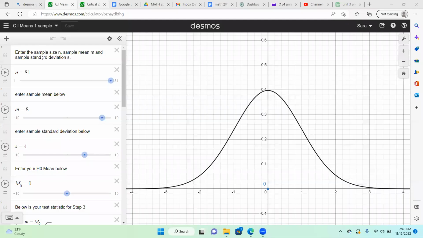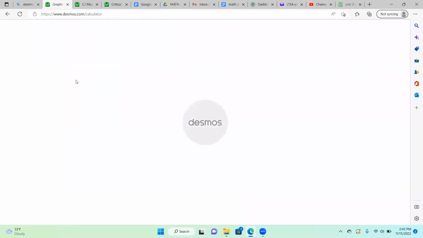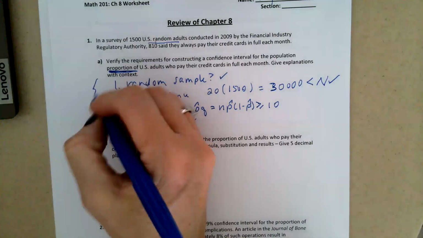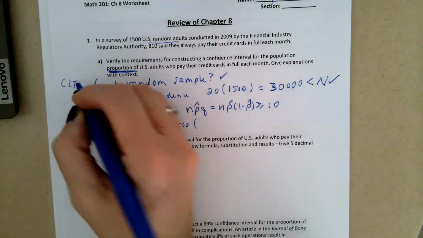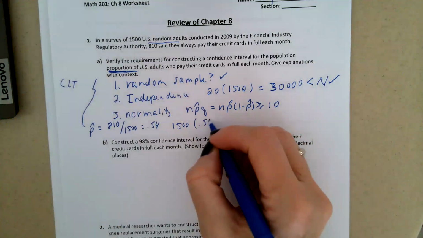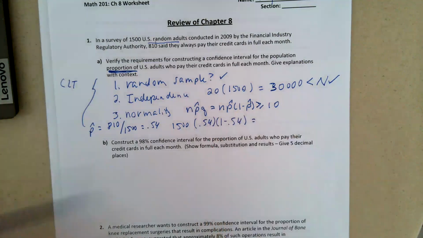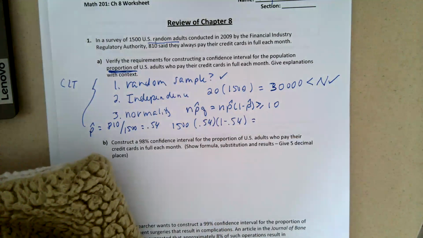So I am going to Desmos, and I'm going to find what P hat is, and it's 0.54. We're just reminding ourselves that these are the central limit theorem requirements that we're looking at. So 0.54 times 1 minus 0.54, and we're going to figure out what that is in Desmos.